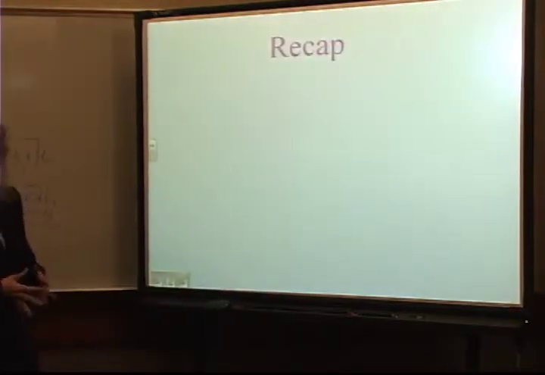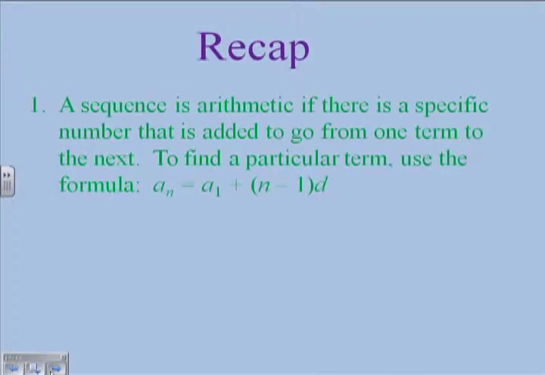Now, to recap our work here with arithmetic sequences, first off, a sequence will be arithmetic if there is a specific number added each time to go from term to term. Now, to find a particular term, you use this a sub n formula. For those of you that are very much formula driven, you can just memorize the formula.